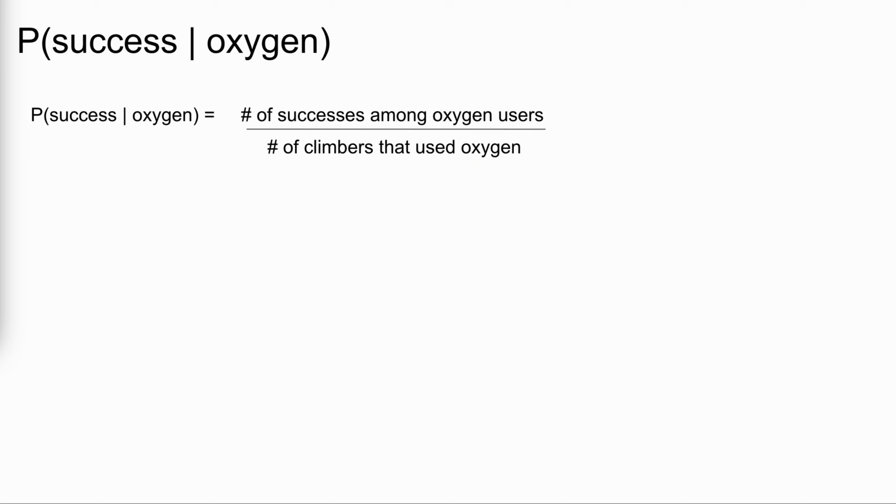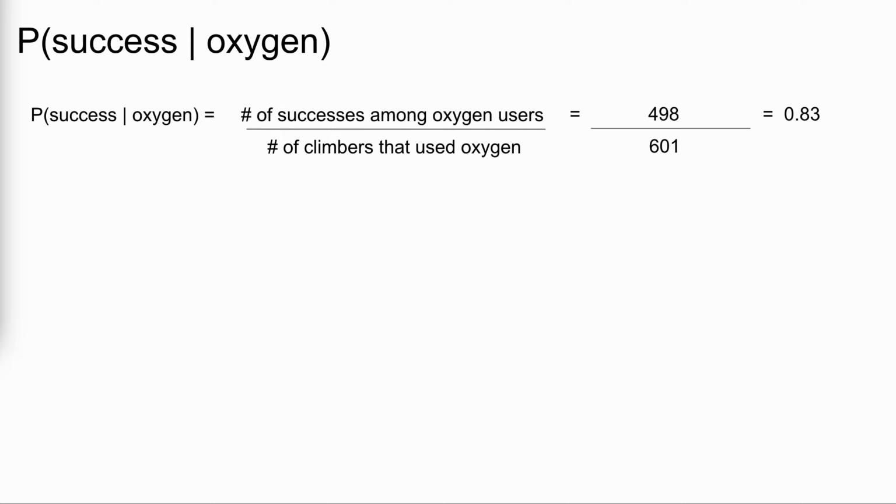Putting these together, we can calculate the probability of success among oxygen users by the ratio of the number of successes among oxygen users relative to the number of climbers that use oxygen in the first place. Plugging in the counts from the previous slides, we get a probability of 0.83. There's an 83% chance of success if a climber uses oxygen.